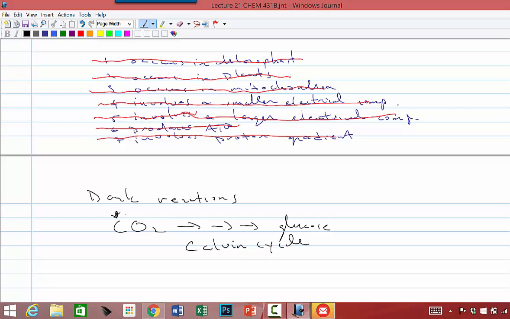Okay? And then, does anyone remember 3-phosphoglycerate? How many carbons does 3-phosphoglycerate have? Think about it. Sounds like glyceraldehyde. How many carbons are in there? Someone said it.